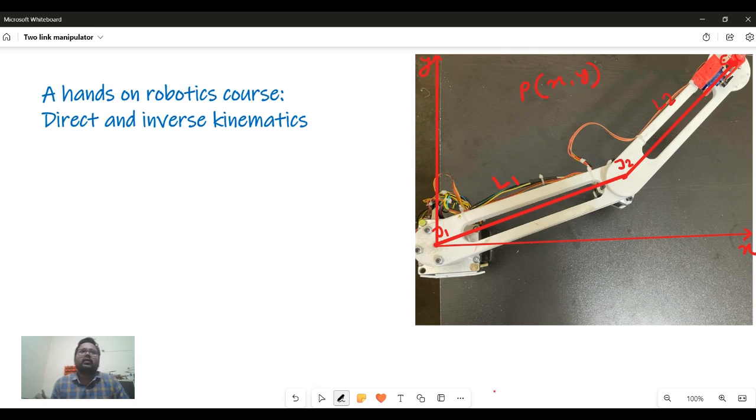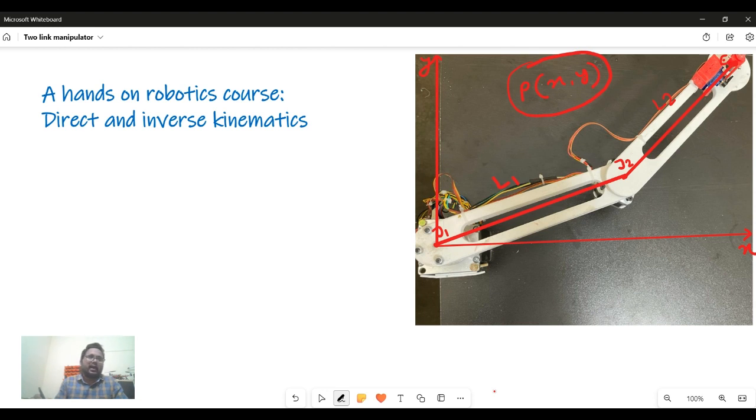If we can somehow relate this point xy with angles theta 1 and theta 2, that is inverse kinematics: for a given point p, if we can find the joint angles theta 1 and theta 2.